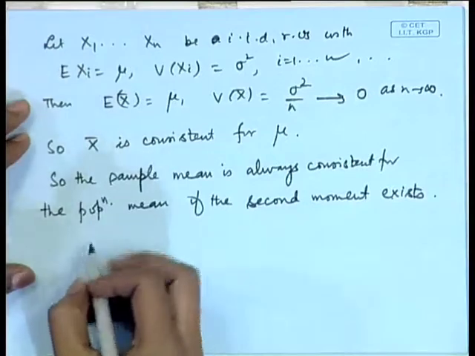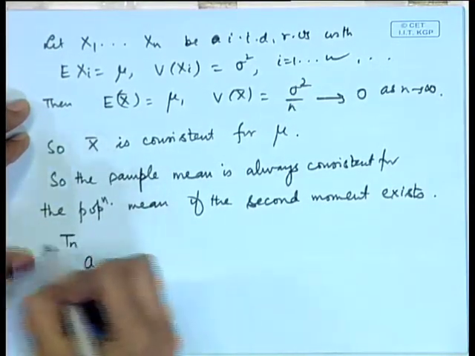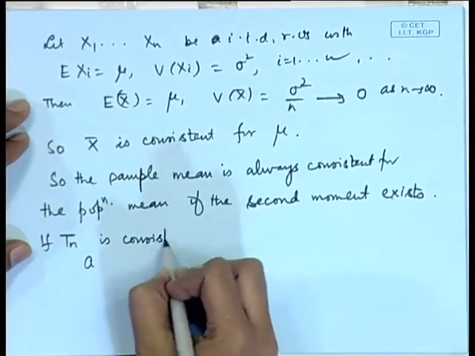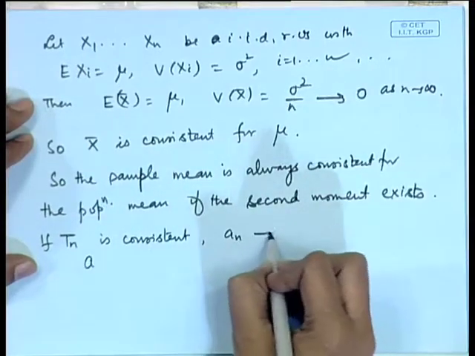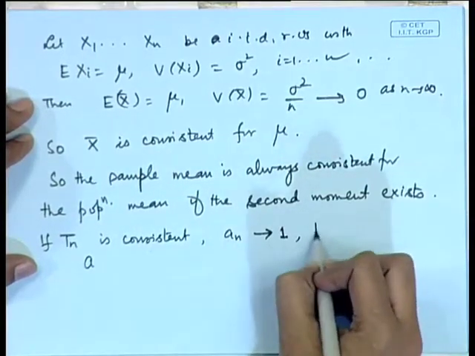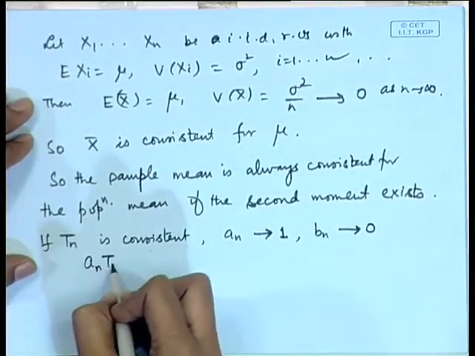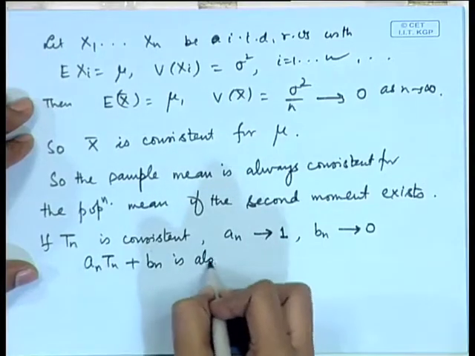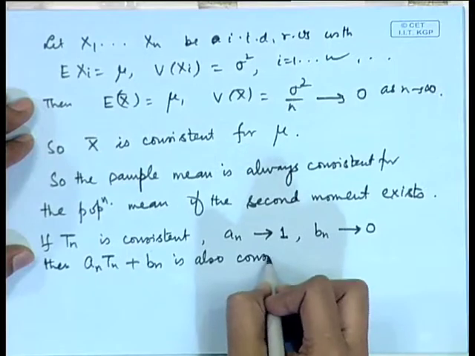On the other hand, if T n is consistent, and A n is a sequence of numbers which converges to 1, and B n is a sequence of numbers which converges to 0, then A n T n plus B n is also consistent.